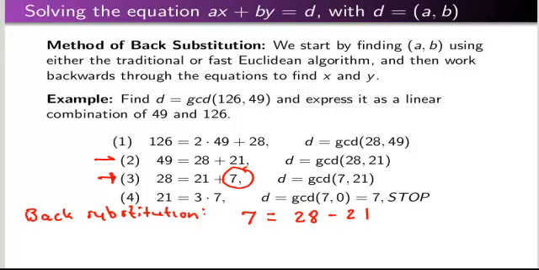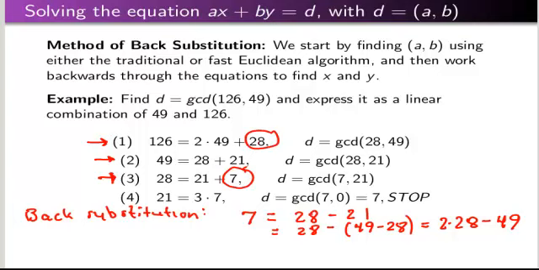So by equation 2, 21 can be expressed in terms of 49 and 28. So I substitute in that 21 is 49 minus 28. And that gives me a combination of 28 and 49. It gives me 2 times 28 minus 1 times 49. Then I go back to equation 1, and I say, aha, here 28 is 126 minus 2 times 49.